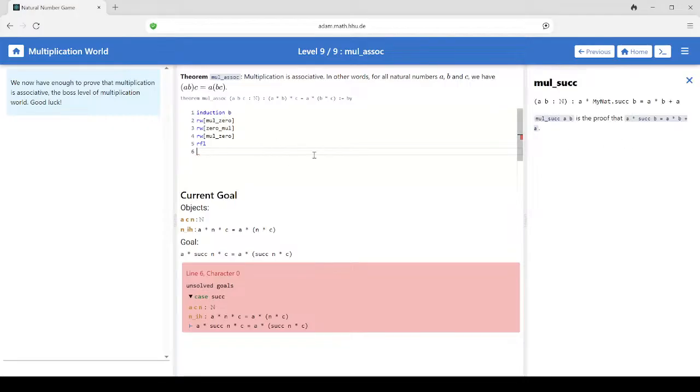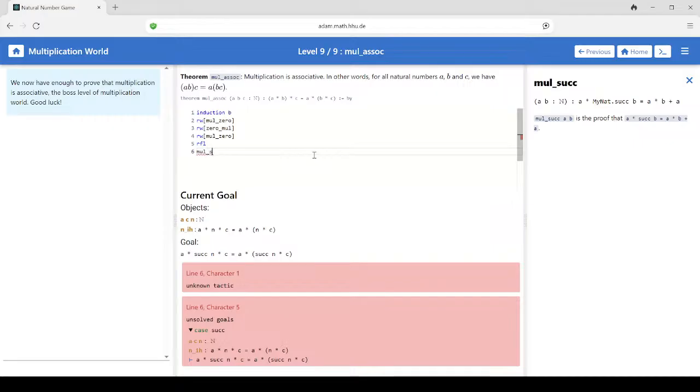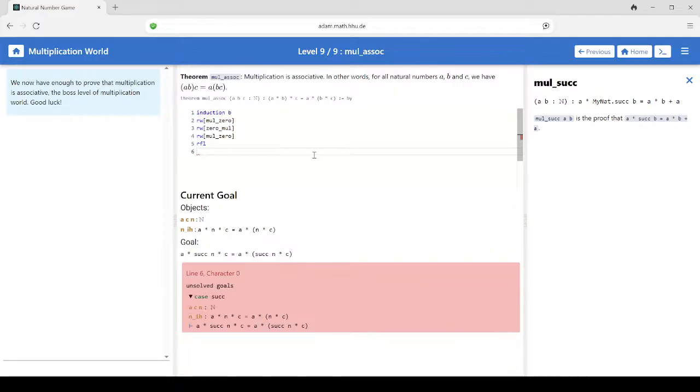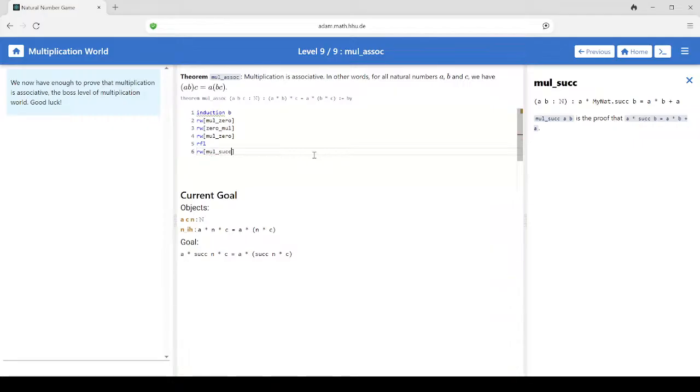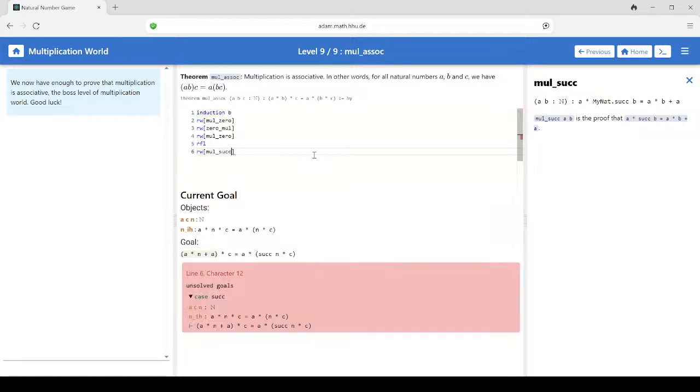So all I'd have to do is, whoops, I keep forgetting to type the whole thing. And then it's just the distributive property.